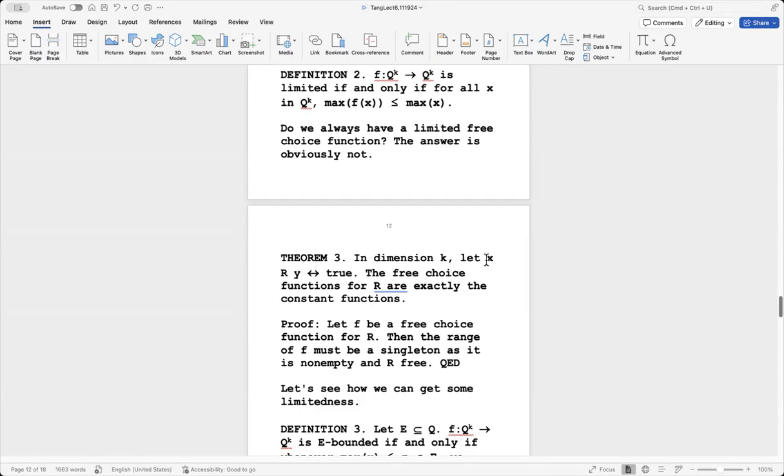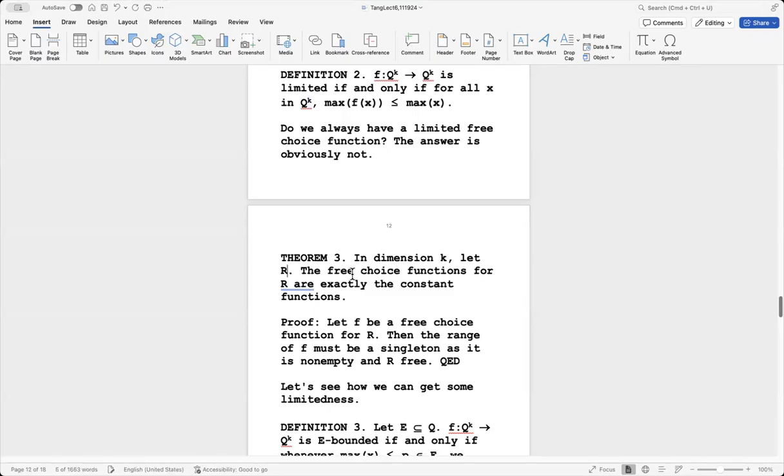Let R be equality. That's what I meant to say. That's reflexive and symmetric. The free choice functions are exactly the constant functions.